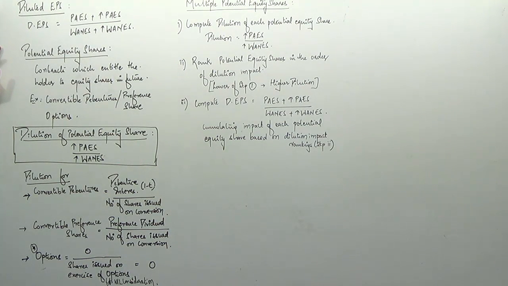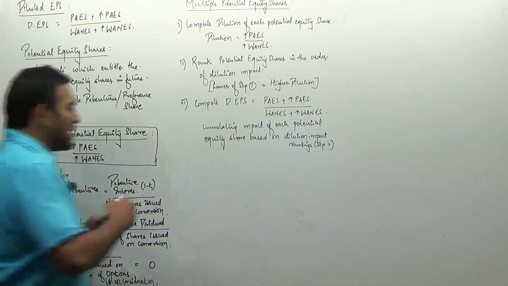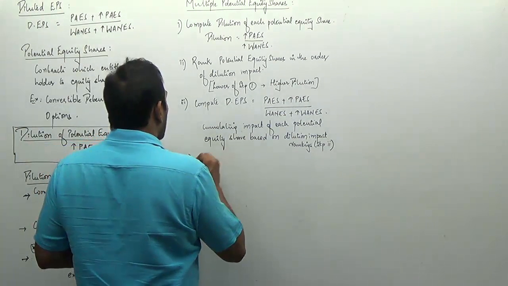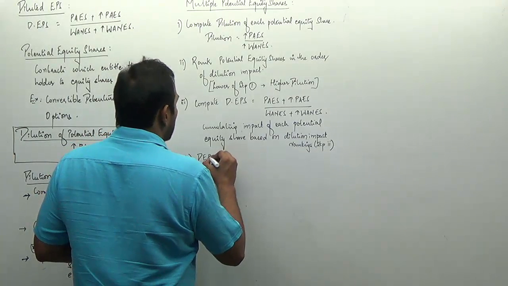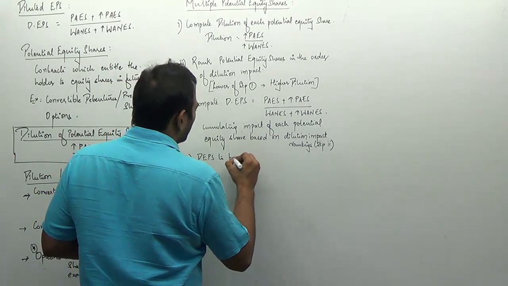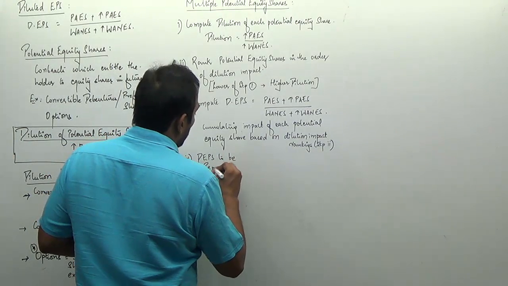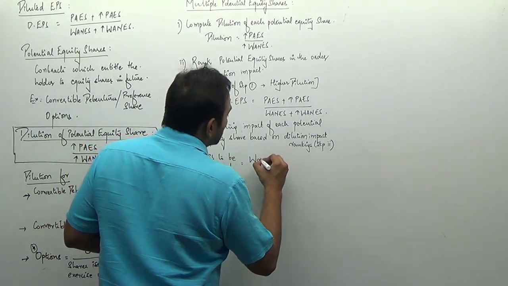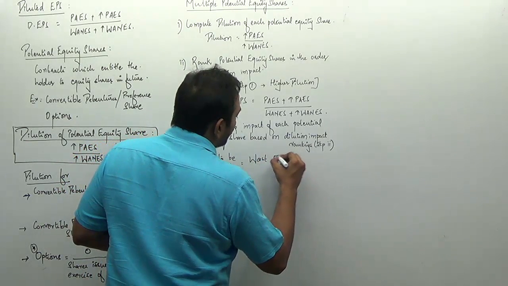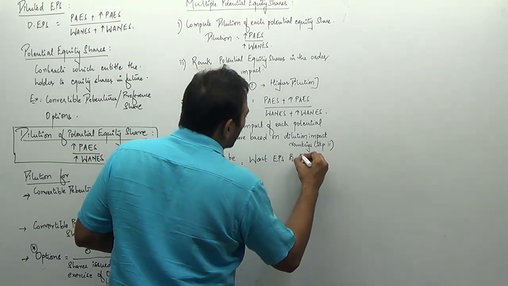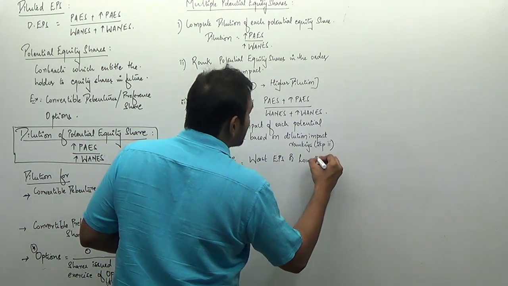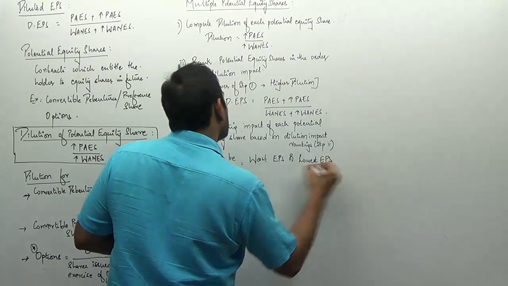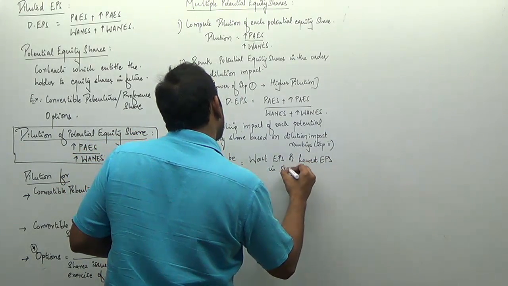Now this is how I calculate. Now what do I choose? The DEPS to be reported is equal to the worst EPS, or I'll say it is the lowest EPS in step 3.